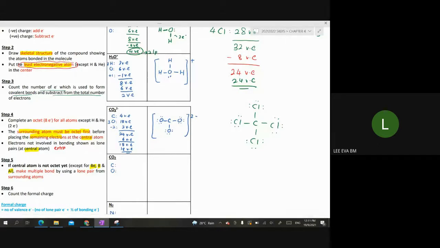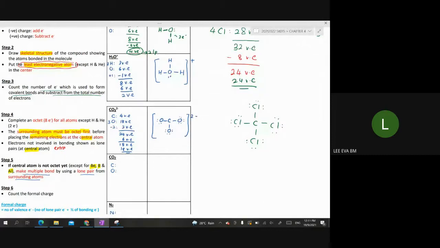So it's not enough. So step 5, we need to borrow the lone pair from surrounding atoms to make multiple bond. Okay, make multiple bond by using lone pair from surrounding atom. Multiple bond here means a double bond or triple bond. Okay, so how to do it, madam erases one of the lone pairs. You see madam erasing it?